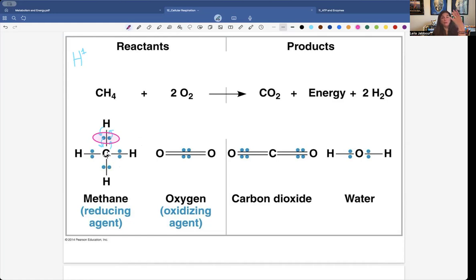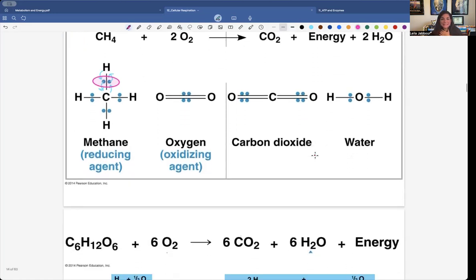Carbon needs 4 partners, so it will partner with 1 hydrogen, but that's not going to be enough. So methane happens to be the example where the other 3 partners are also hydrogen. So an oxygen molecule looks like this with 1 double bond, and then CO2 looks like that, and then the water molecule. Excuse me.